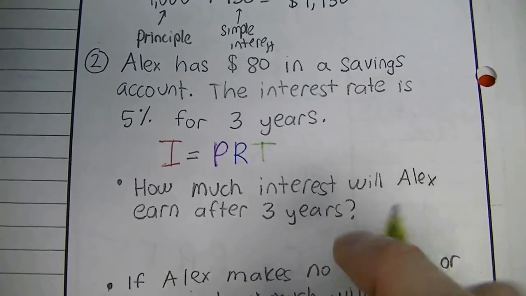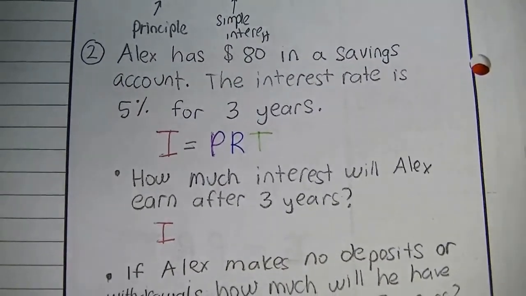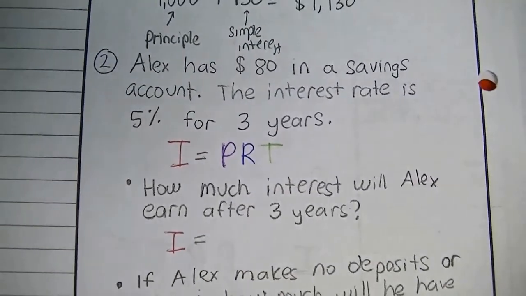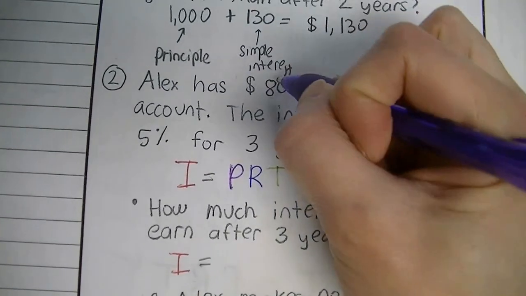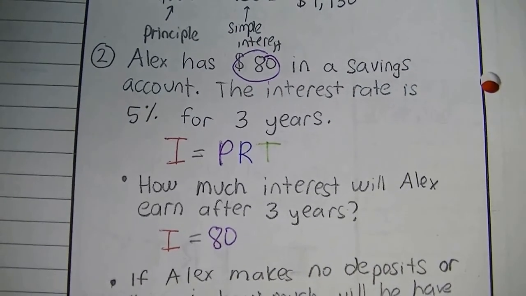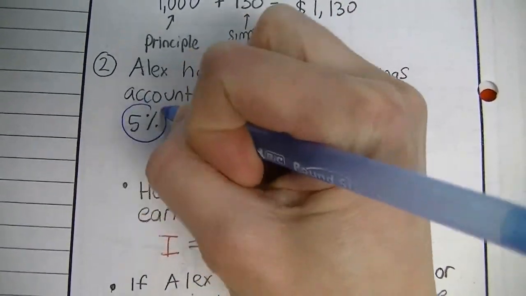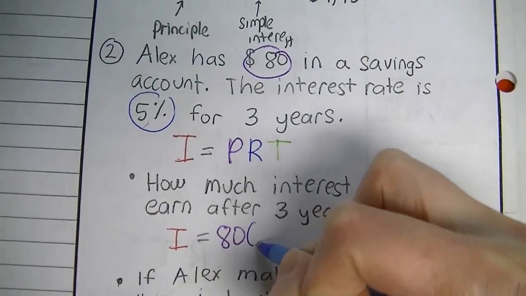Just the interest. So let's substitute the values into our equation. The principal amount: how much did Alex originally have? He had 80 bucks. And that interest rate written as a decimal, so 5% written as a decimal is this.